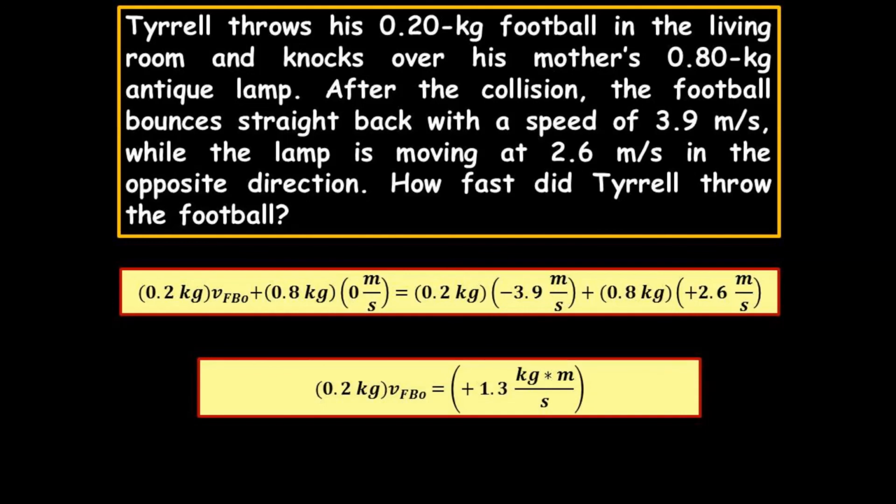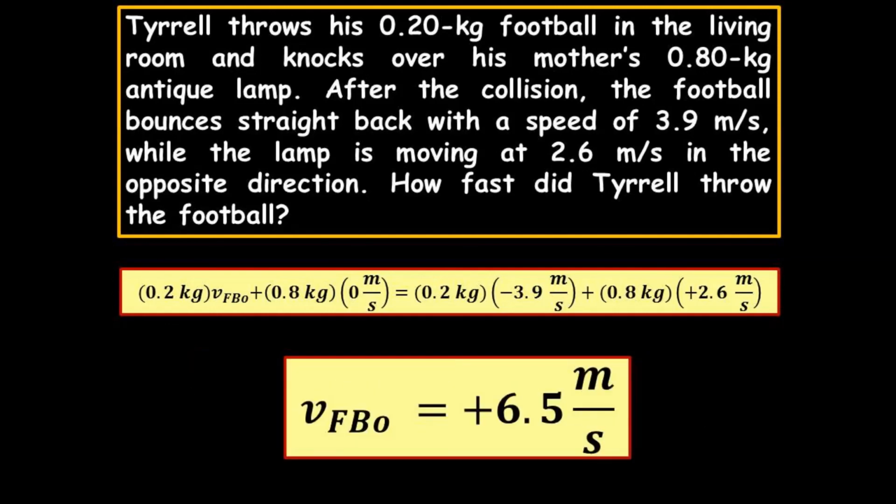And that makes sense to us because that's the initial velocity of the football, and we're throwing the football forward. The lamp is going forward, and the football is coming backwards. So the initial velocity of the football should be positive. And now we will see that, yes, when you divide through, it's going to be a positive 6.5 meters per second.